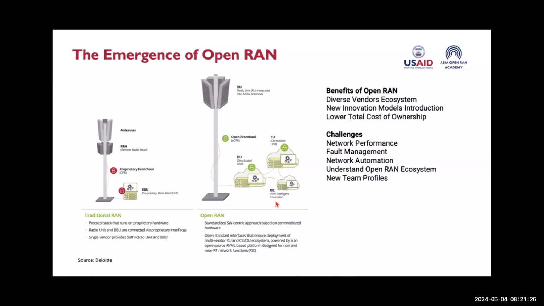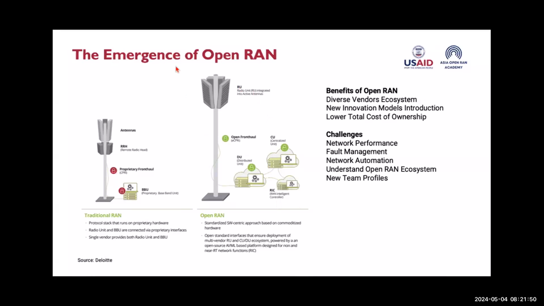We call it the base station controller, or the BSC. The counterpart of the BSC in 3G was the radio network controller. They removed the controllers in 2G, 3G, and LTE, and here in Open RAN, they're trying to bring it back again.